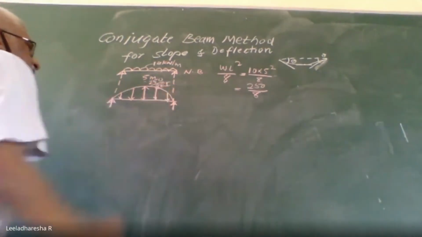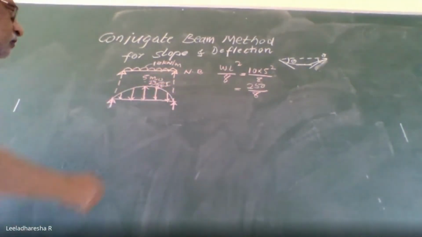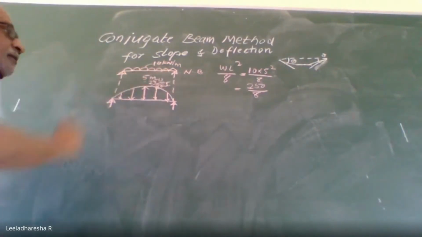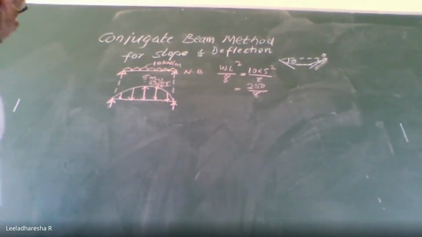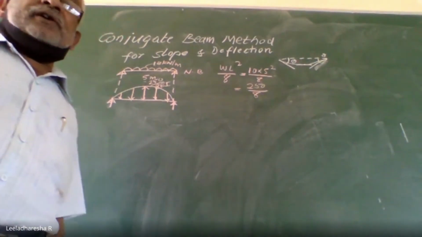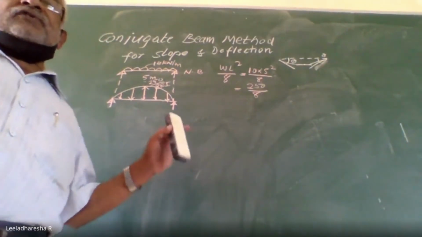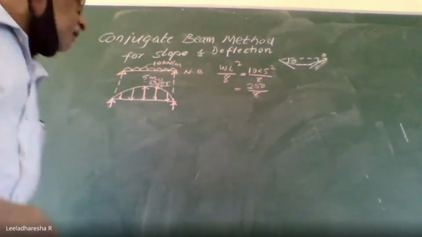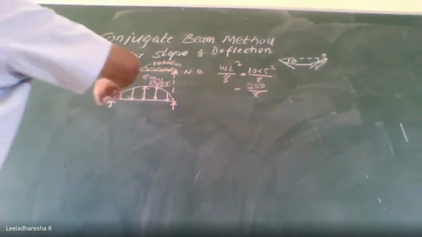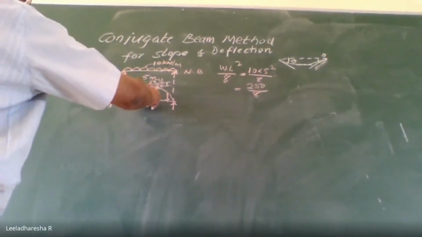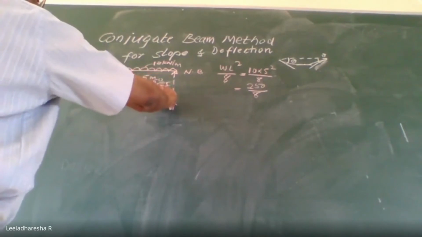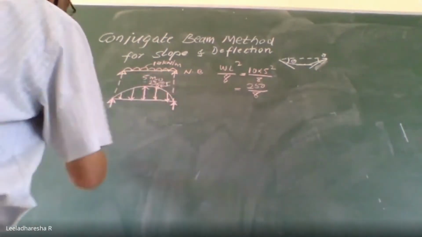Now I want to find the slope at the support for this particular beam which is carrying parabolic load. This is a parabola, with maximum coordinate 250 by 8 EI.